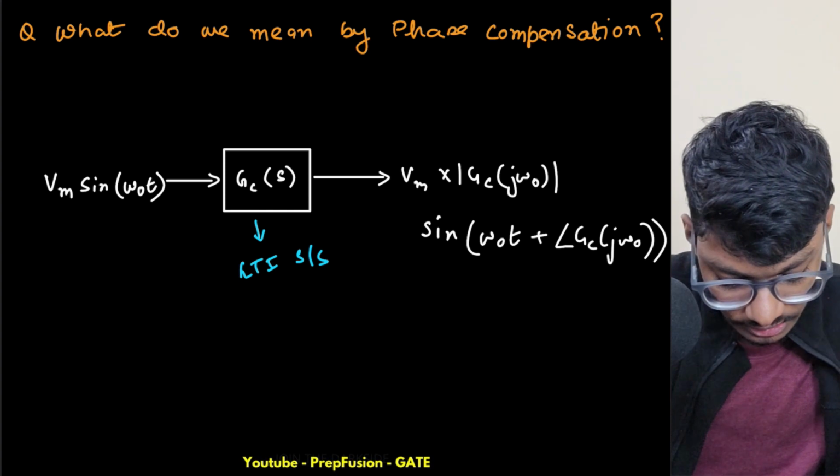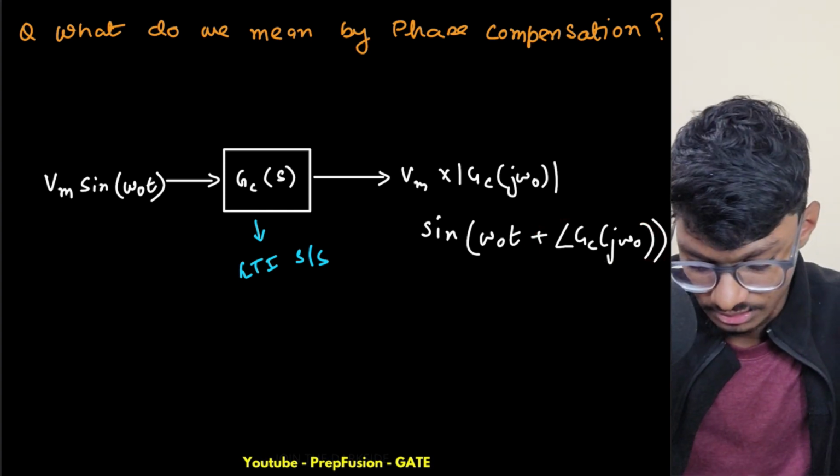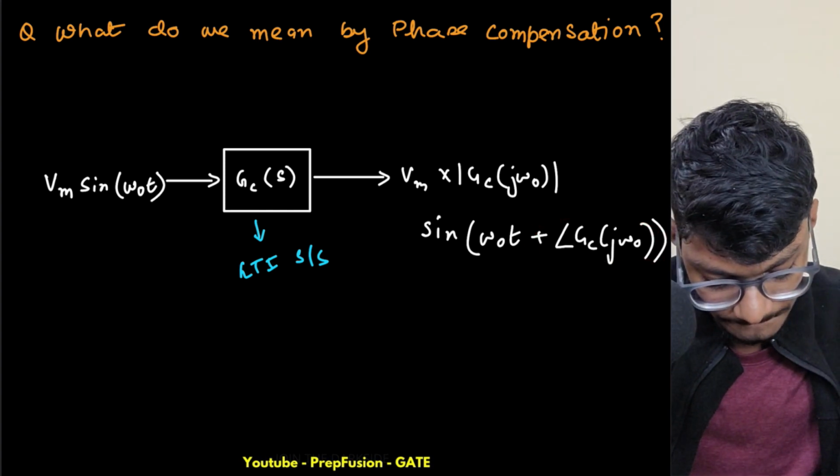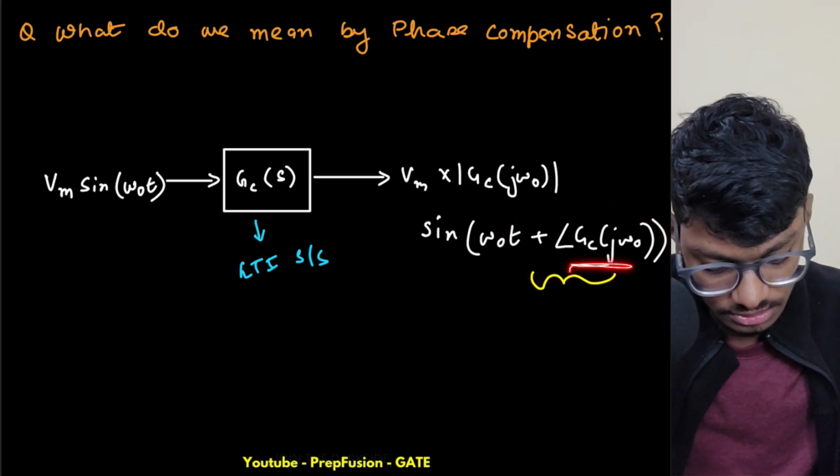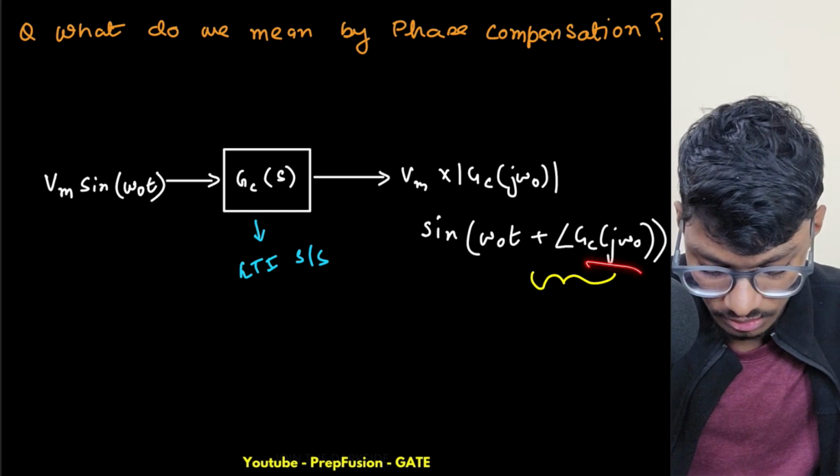Now here we see there is some phase difference between the input and output. The phase difference is the angle of GC of j omega naught, and for the input there is 0.